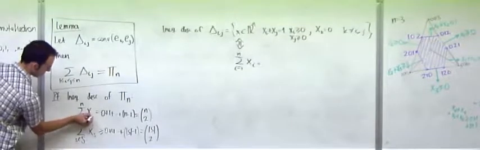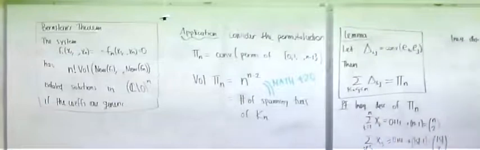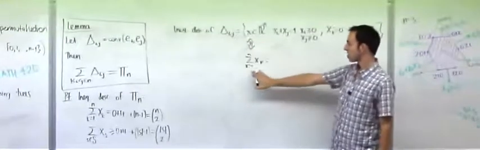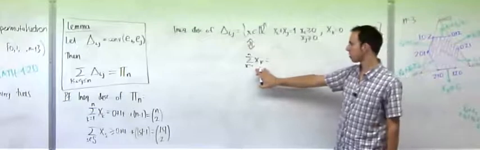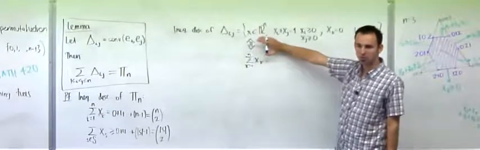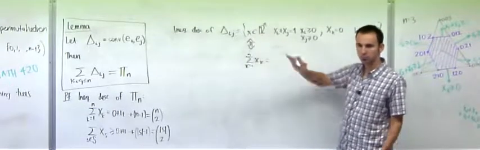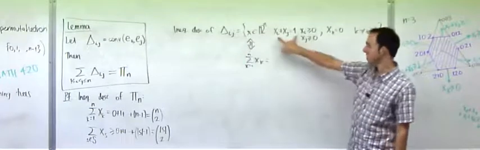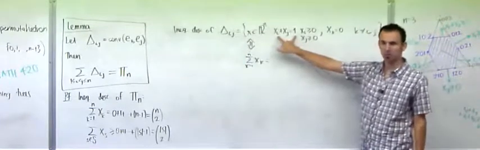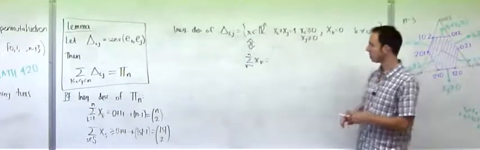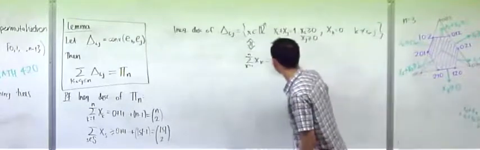That's good practice for what's going to come next. So, what is the sum of the variables x1 up to xn for this segment? Well, xi plus xj add up to 1, and all the other variables are 0. So, this is 1.